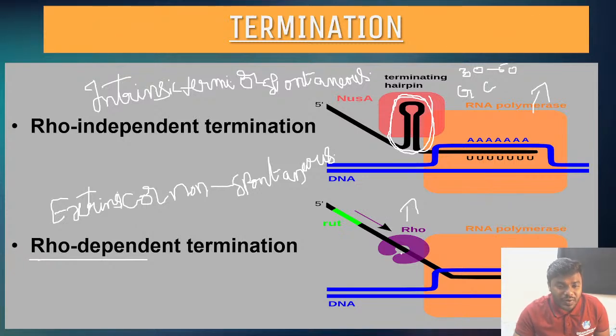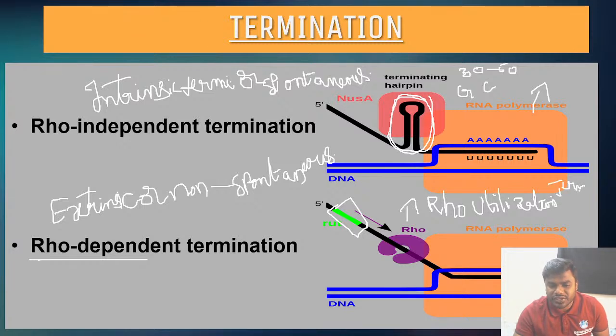The Rho protein associates with a particular sequence present on the mRNA. On the mRNA there is a specialized sequence, which we call the RUT sequence. You don't need to remember the full form, but I am writing it: Rho utilization terminus.